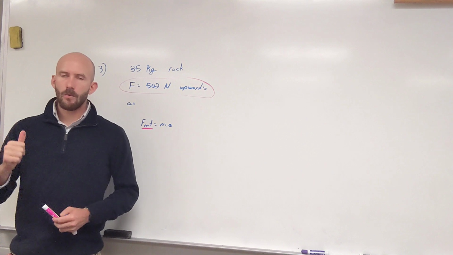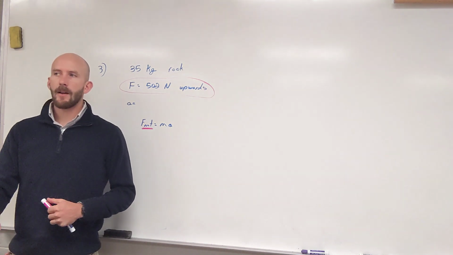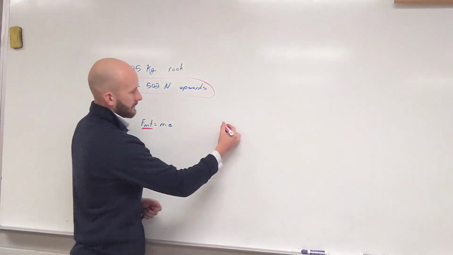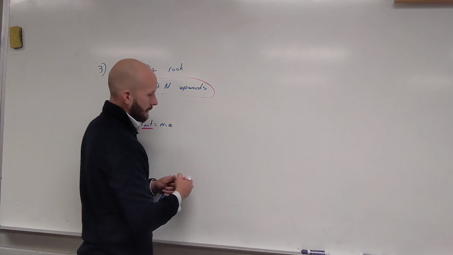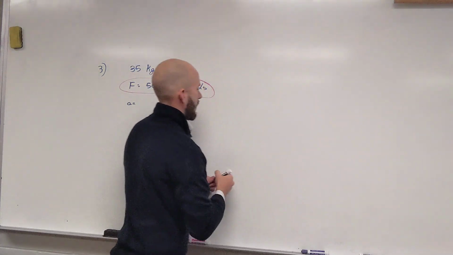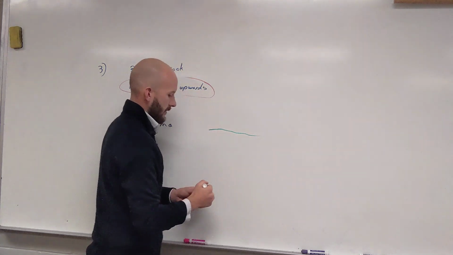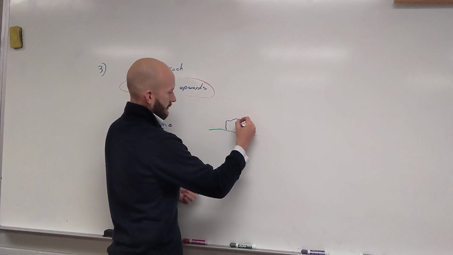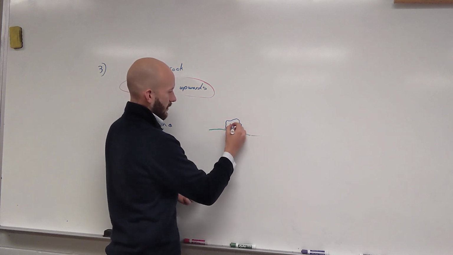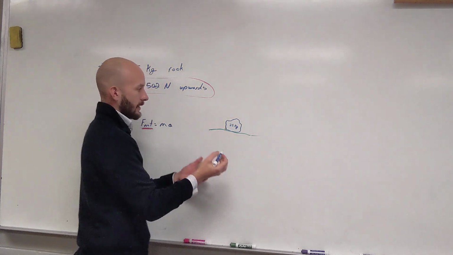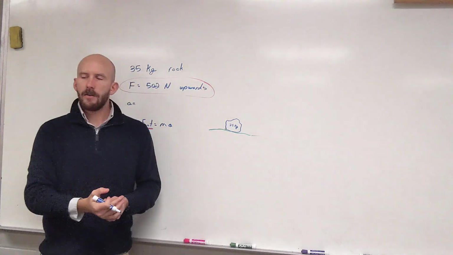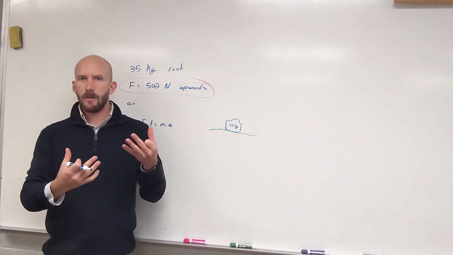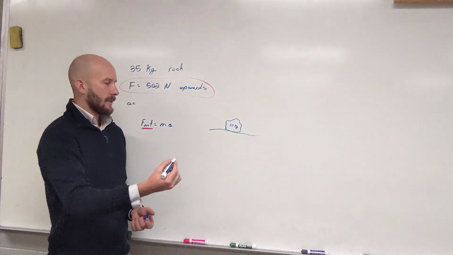So it's going to be really, really important to draw free body diagrams. Make sure you include all the forces. Let's pretend that's the ground. If I've got this big old rock here that's 35 kilograms and we're trying to lift it, it's not an environment like outer space where it's a completely weightless rock and the only hindrance to accelerating it is its mass.